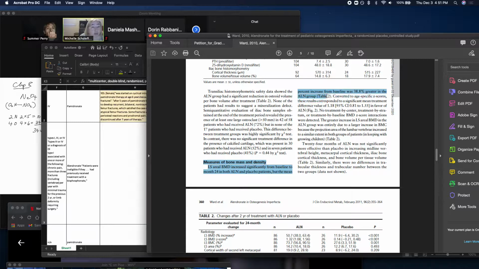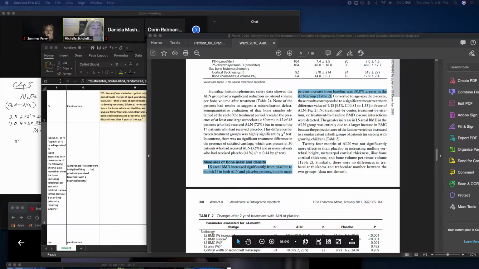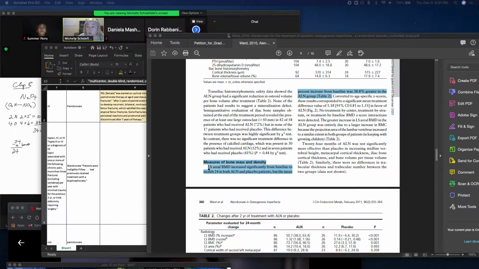Now, I've drawn 1, 2, 3, 4, 5 bonds in the molecule. 5 bonds is 10 electrons. So 34 minus 10 electrons in all those bonds, we're now down to 24 valence electrons. So now let's start putting our valence electrons on the structure. We start from the outside, we work our way in.